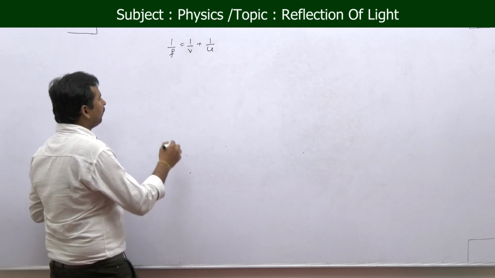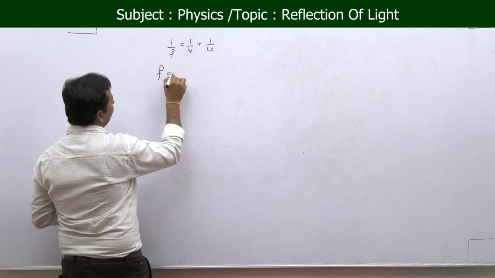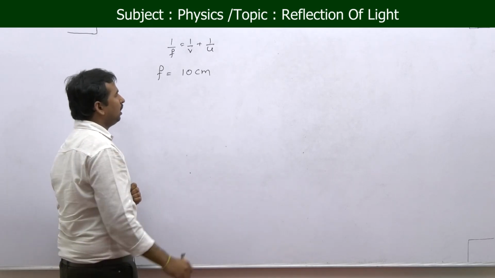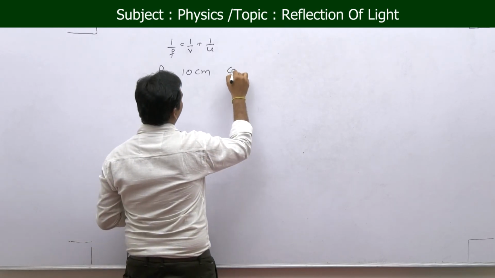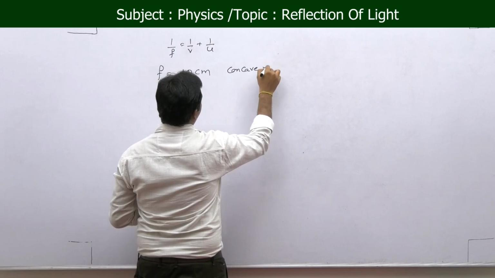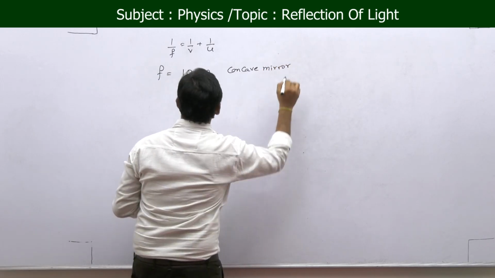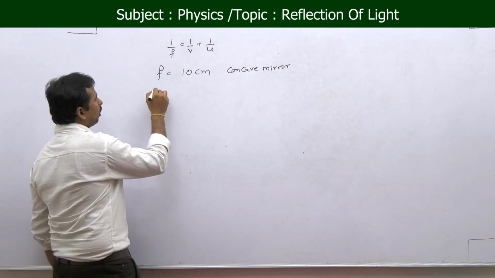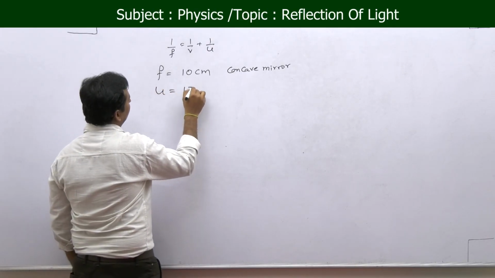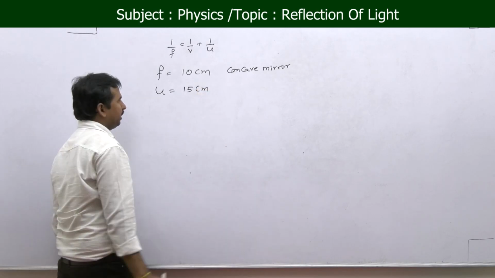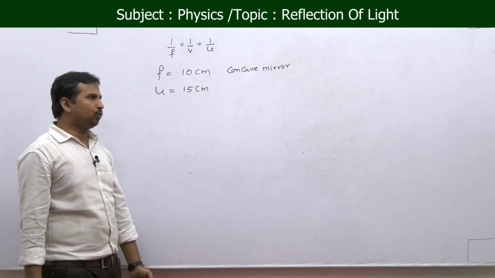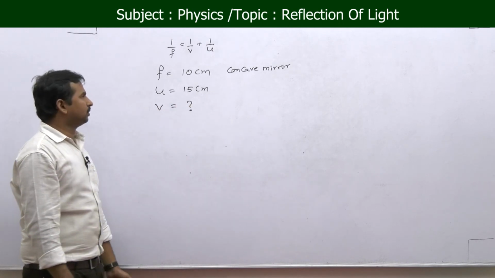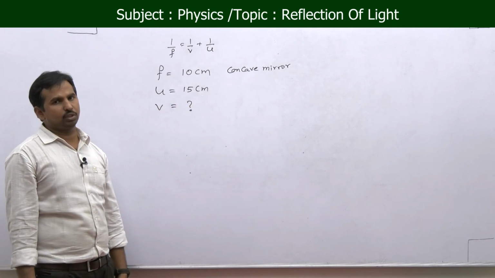We have a concave mirror having a focal length, let us suppose 10 centimeters, and let us suppose the object distance is 15 centimeters. Then we have to find the image position.